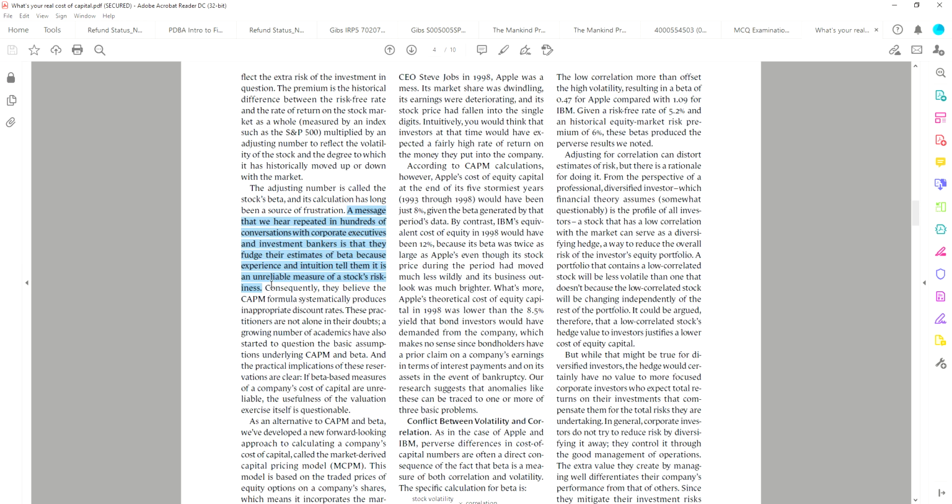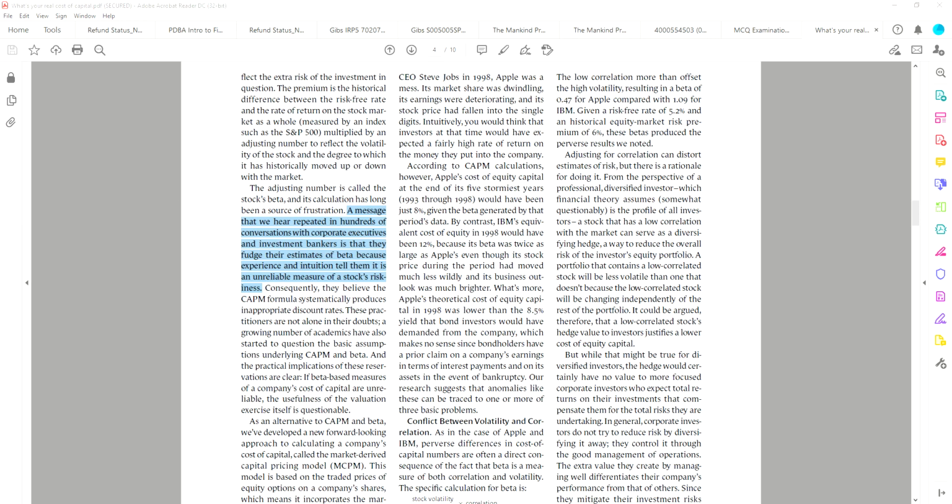It wasn't designed to be used for a single stock, so it doesn't work well. We haven't covered this in much detail so far, but it's important that we at least touch on it and are aware that this thing exists, because when you go out into the world, you'll find that many people are still using this concept of beta and the capital asset pricing model.